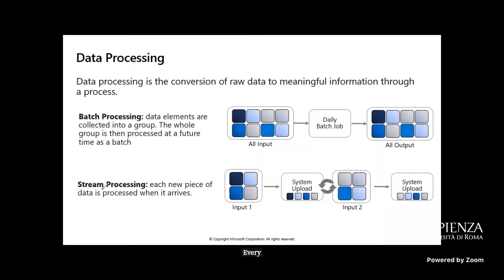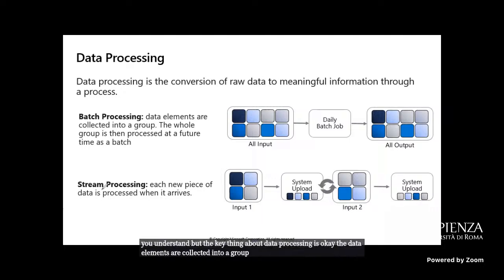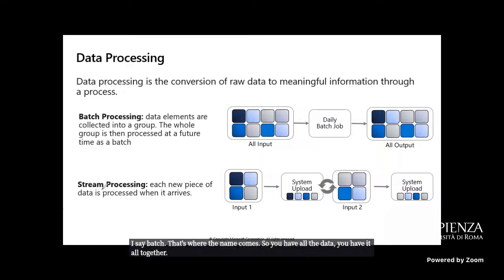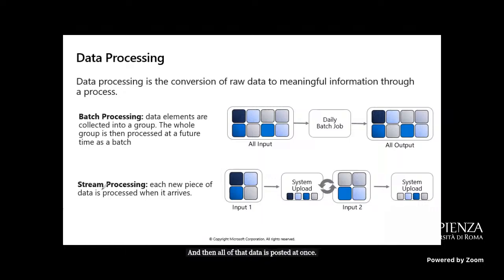It depends. But the key thing is that the data elements are collected into a group, and then the group is processed at a future time as a batch. That's where the name comes from. So you have all the data together, and all of it is processed at once, so you get your output at once.